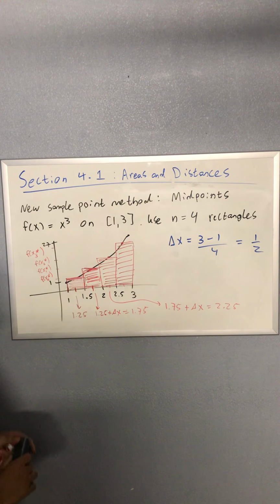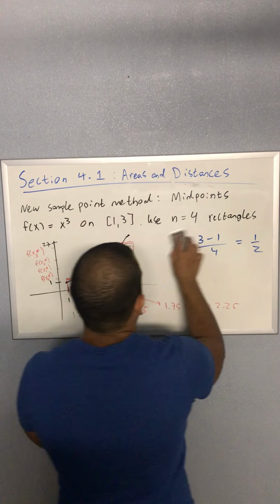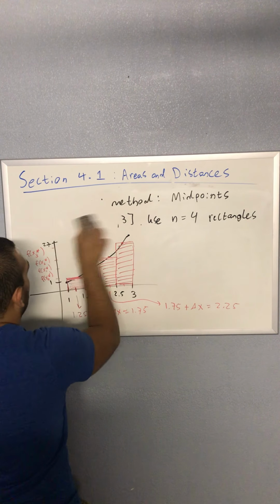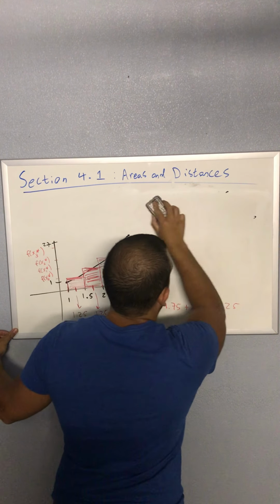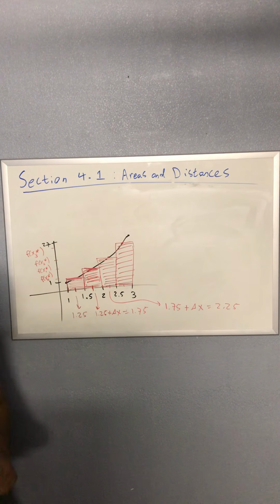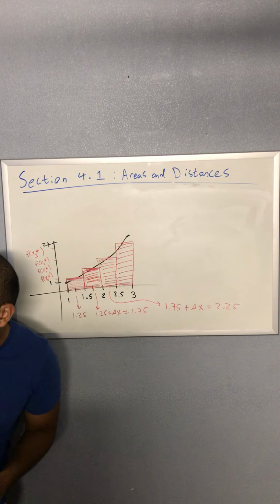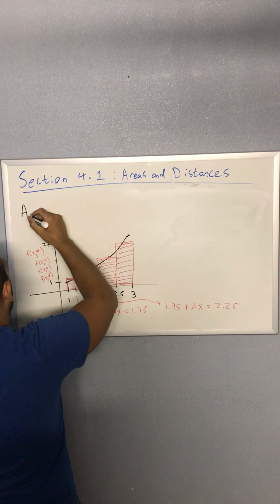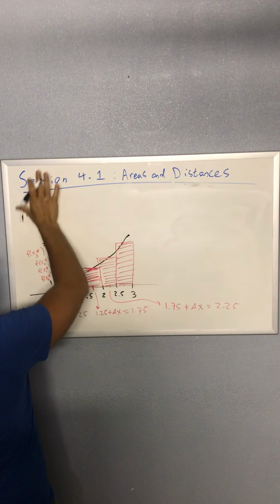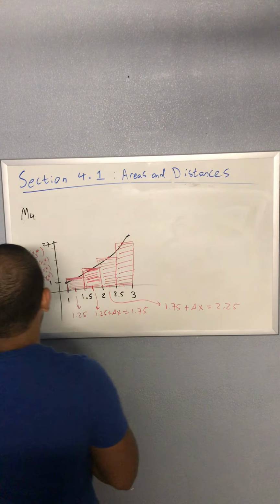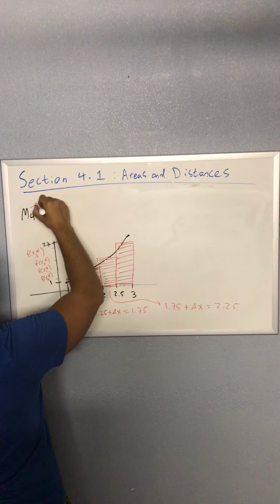Okay, and now let's maybe use our fancy sigma notation. So for the area, first let's write it in general. The area A sub 4, well, in this case, because we use midpoints, we'll use M. M means the midpoint method.